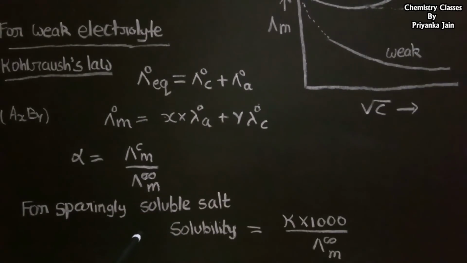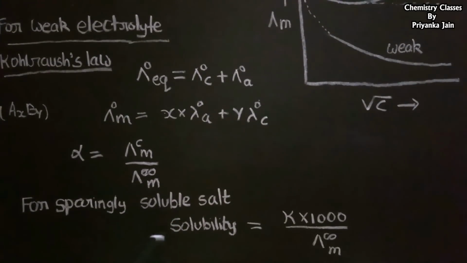This formula is basically for molarity, but here the solubility will be equal to molarity, and hence solubility is given by kappa times 1000 divided by the limiting molar conductivity.